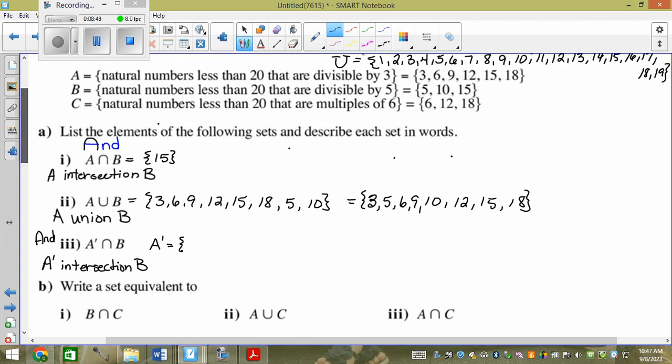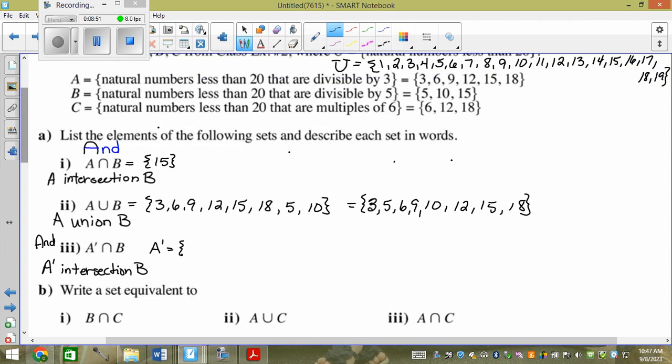Now, if A has 3, 6, 9, 12, 15, and 18, the complement of A, I need the universal set in order to figure out the complement of A, right? Because the complement of A is everything that's not in A, but in that universal set, right? So A has 3, but it doesn't have 1, 2. It doesn't have 4, 5. It has 6. It doesn't have 7, 8.